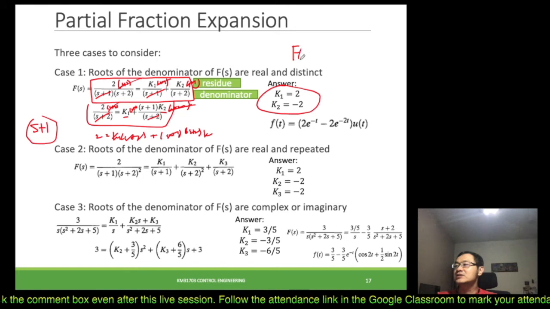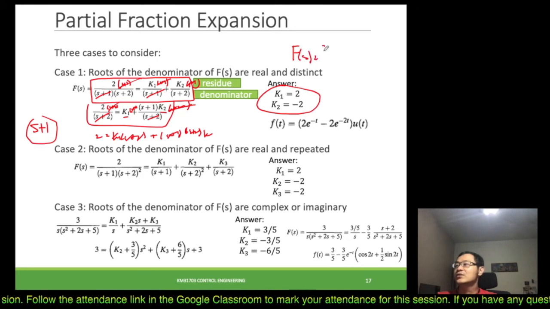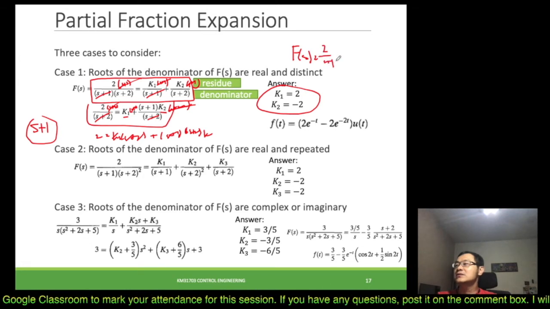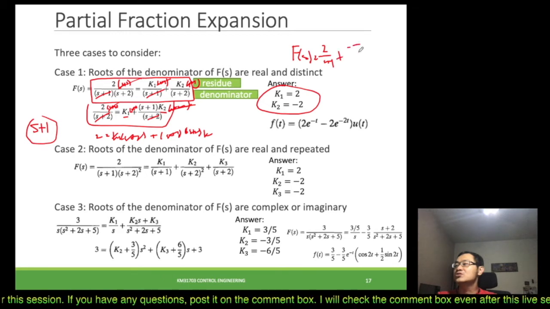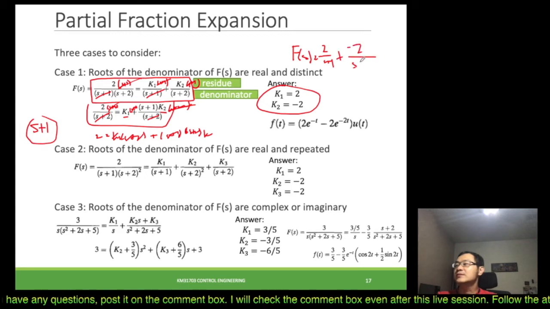rewrite such that F(s) equals 2 divided by (s plus 1) plus minus 2 over (s plus 2), right?